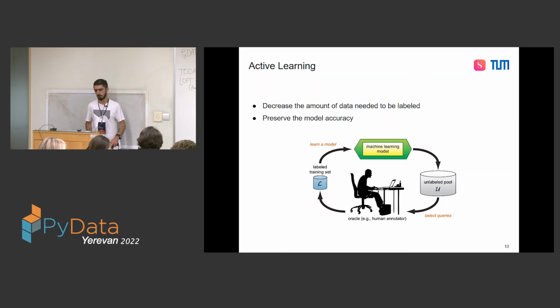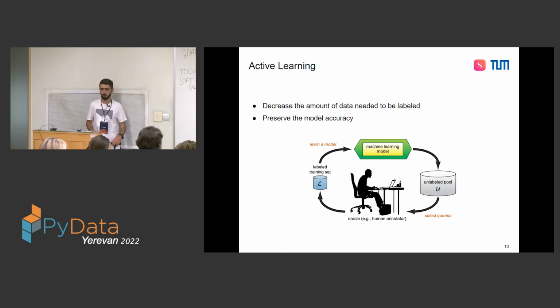And this cycle is the whole life cycle of an active learning method, because it starts with an unlabeled pool. In the beginning, you can imagine we can start with a random sample out of this unlabeled pool, and then ask a human annotator, for example, to label these points.